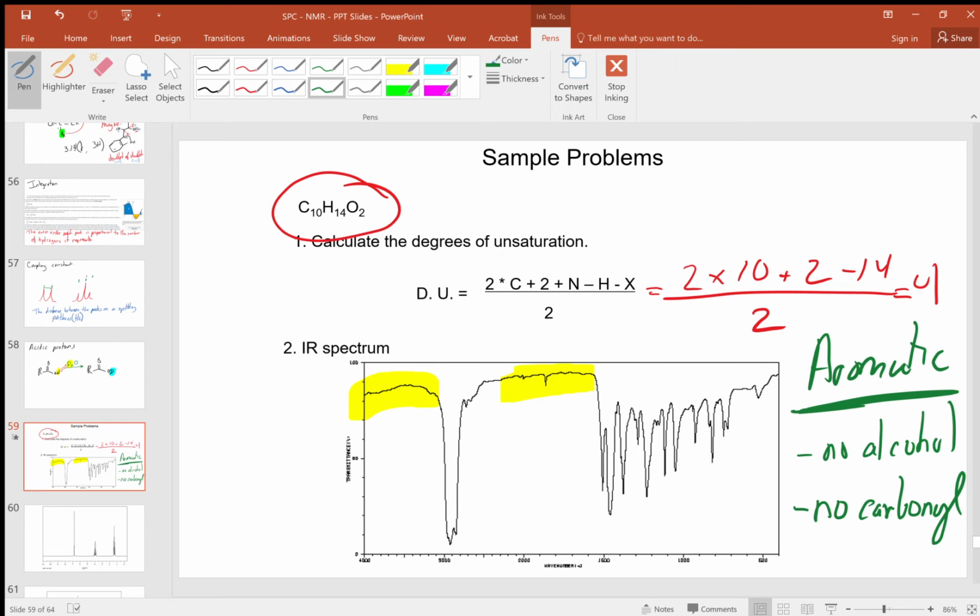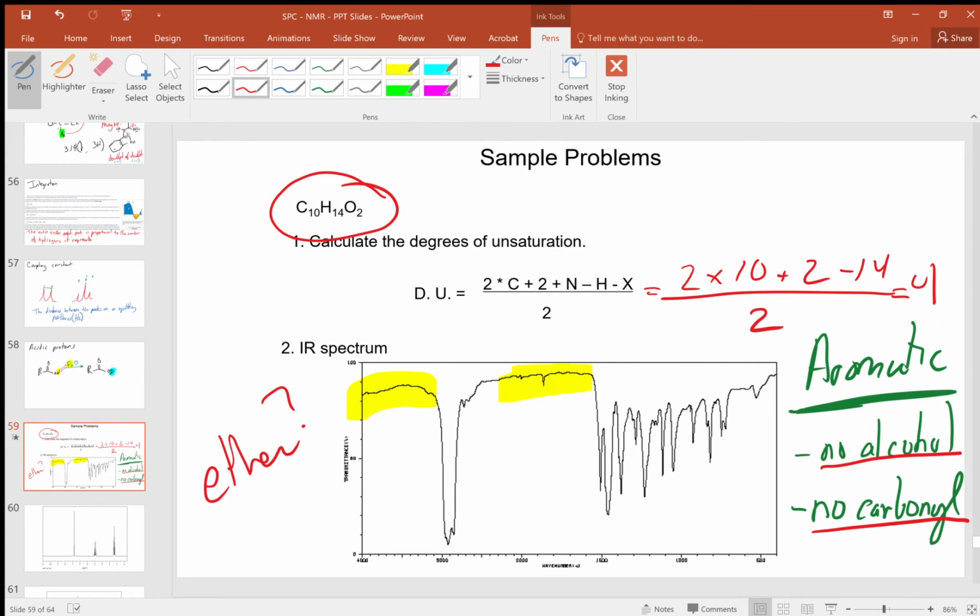But we've got these two oxygens. What does that mean we probably have for a functional group? To me, that says there's a good chance we have an ether, because an ether is something we don't see in the IR spectrum. And it's really all that's left, because we've already said we have no alcohol and no carbonyl.